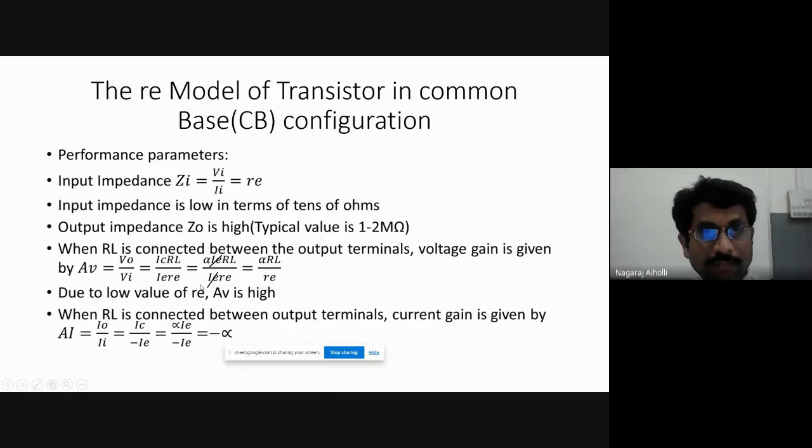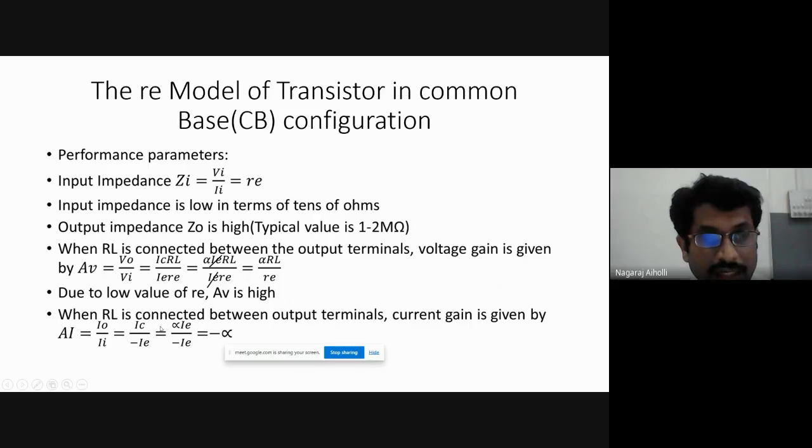For the NPN transistor, we got input current as minus IE because of the arrowhead of the NPN transistor. As the arrowhead is pointing inwards for the PNP transistor, we get the output current direction as minus. That is, IC will be equal to minus IC here.